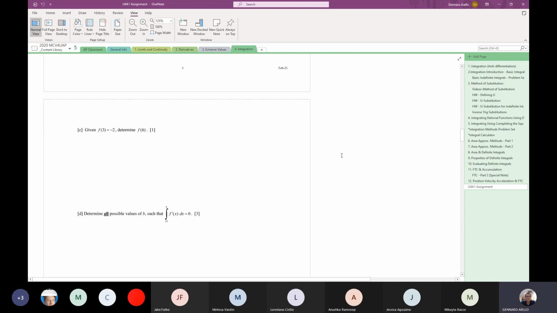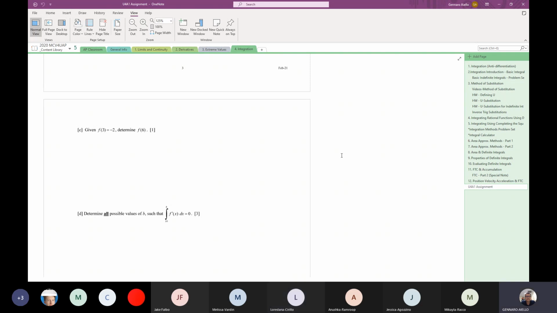So right away, without even lifting a pencil, can you give me one value of b that will make that integral 0? Would 0 be one?